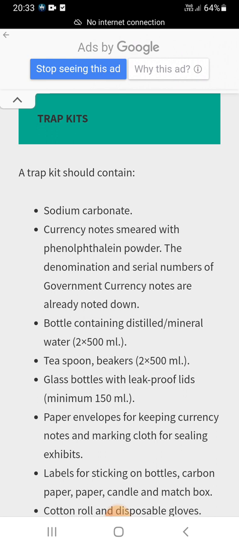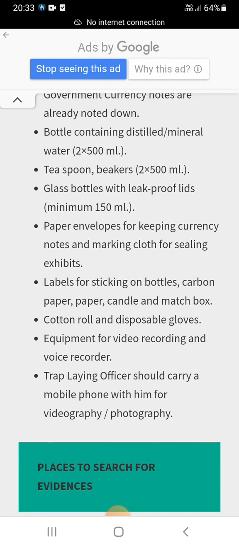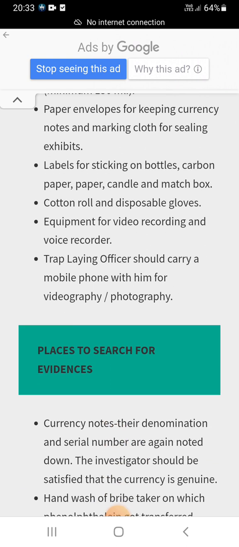We have paper envelopes for keeping the currency notes. We have stickers. We have currency notes smeared with phenolphthalein powder. We have cameras, DSLRs. We have microphones.